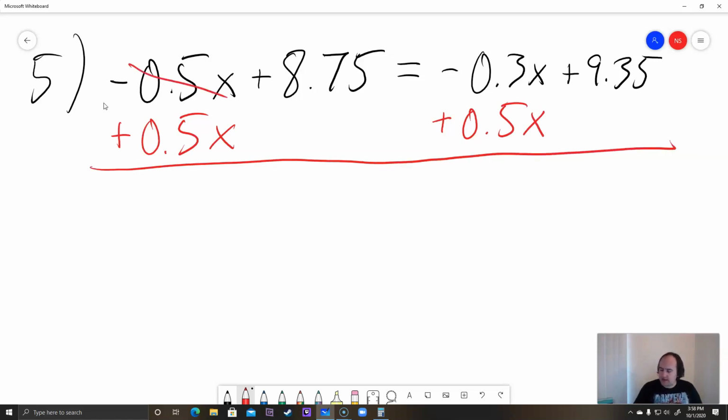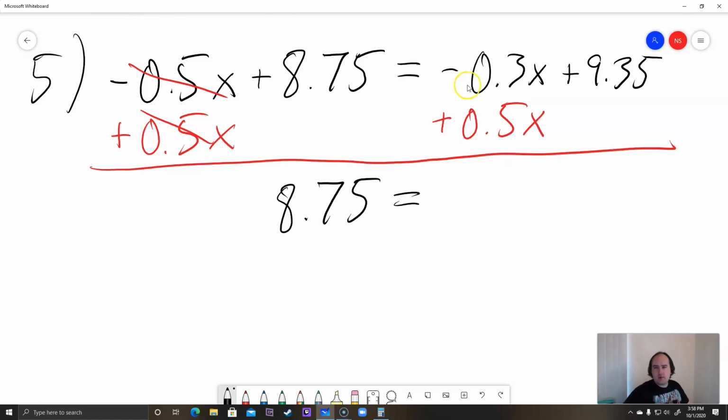Okay, so after I do that, on the left side, all I have is 8.75. And then on the right side, negative 0.3 plus 0.5. Some of you might be able to do that in your head. That's really just 5 minus 3, which is 2. So that's actually 0.2x. Or you can just use your calculator.